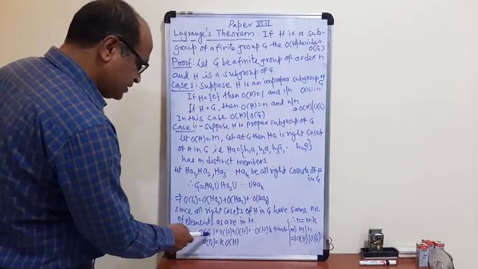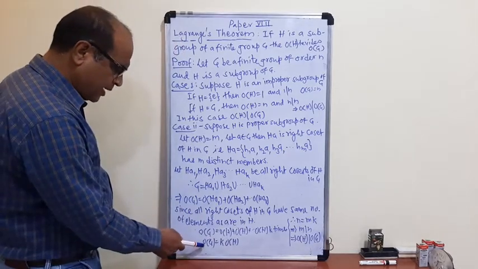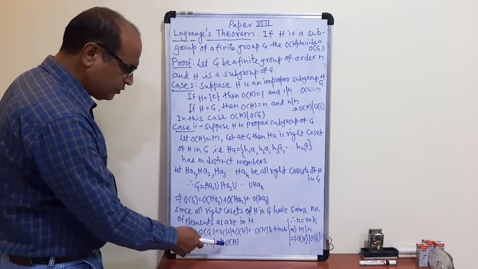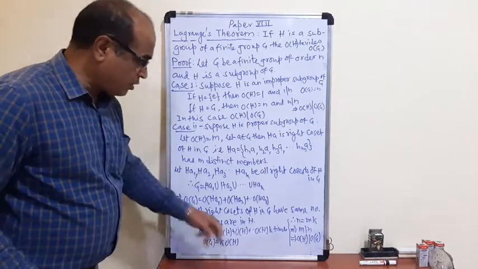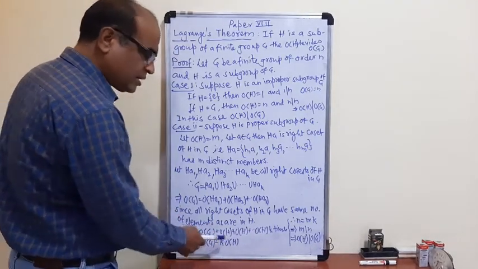So this plus this plus this, k times. So the order of G is equal to k times the order of H.